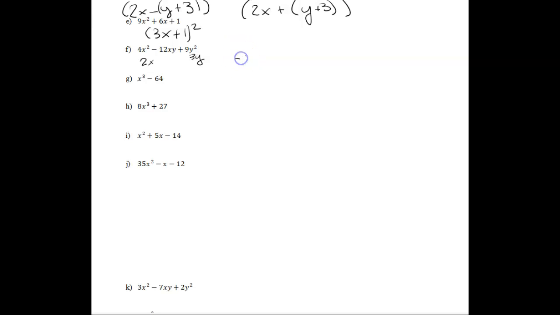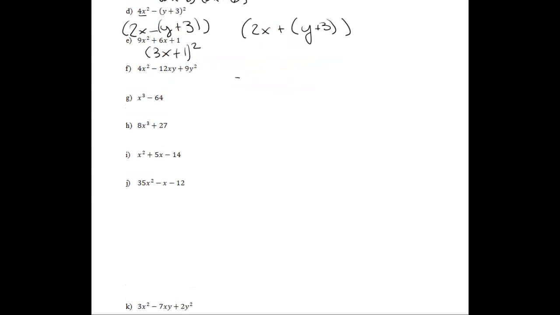So is my middle term negative 2ab? So I get negative 2 times a, which is 2x, times b, which is 3y. So 2 times 3 gives me 6, x times y gives me xy, and all of that times negative 2 does give me that negative 12xy.